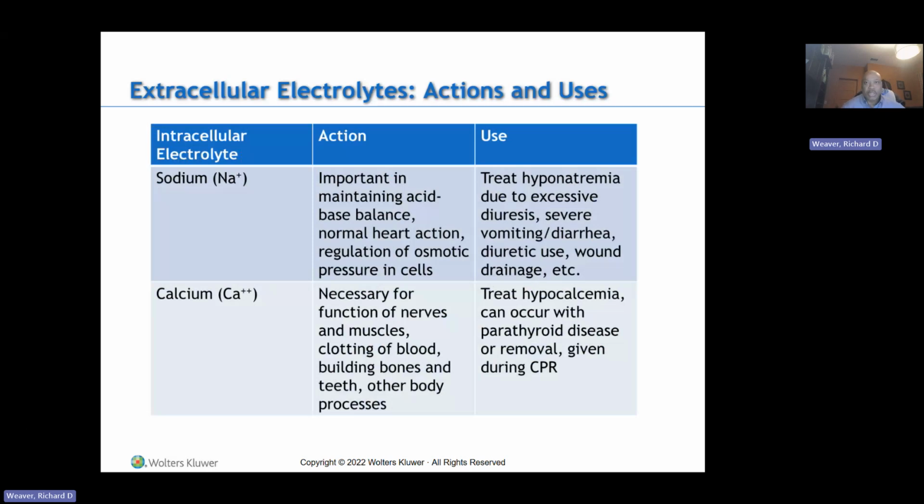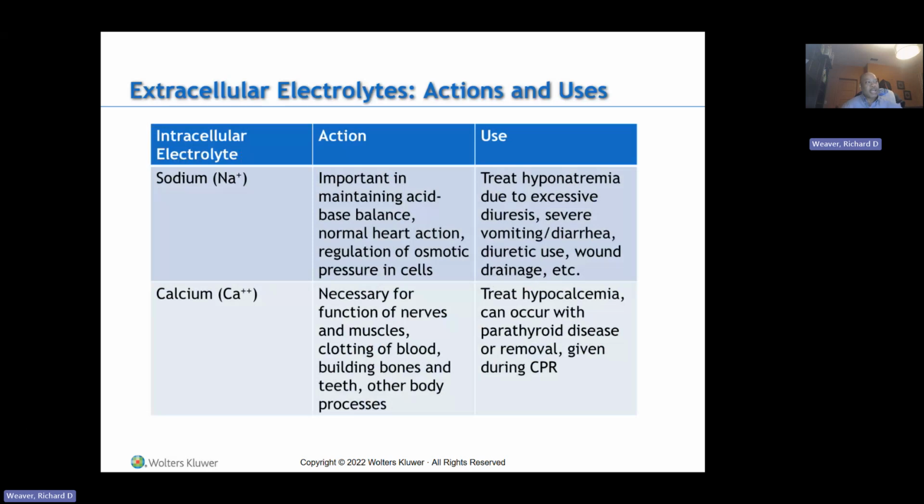We may be giving them too much diuretics, wherein they are just excreting too much sodium. Also, we use it to treat severe vomiting, diarrhea, also diuretic use, and wound drainage. All that drainage, you're also draining quite a bit of sodium as well. So that's why we would give sodium.